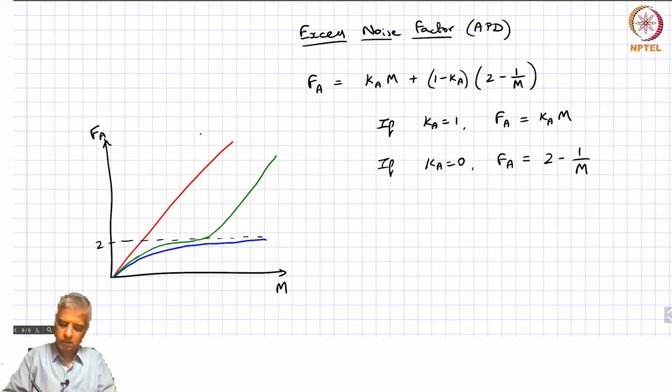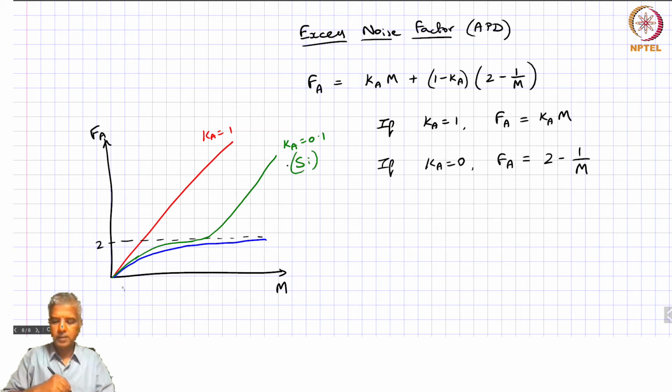The other line is Ka equal to 1, and here we are talking about Ka equal to 0.1, which is the case for silicon. Okay. And let us just make sure this label is also there. So, this is K equal to 0.